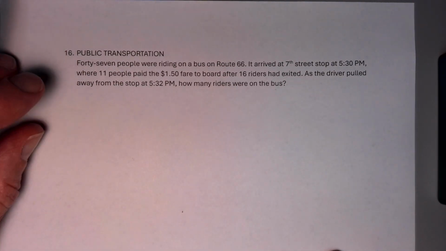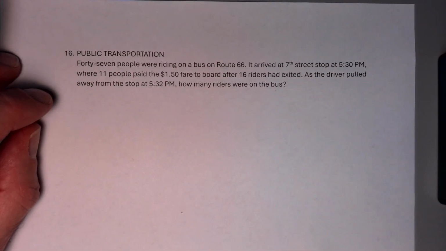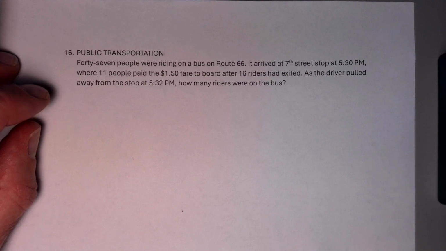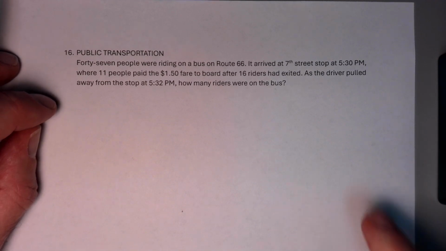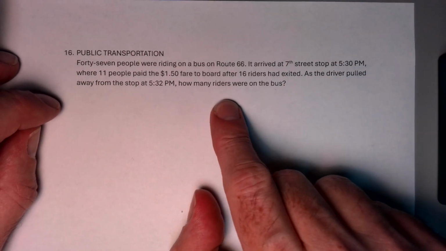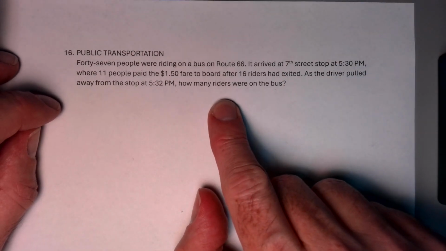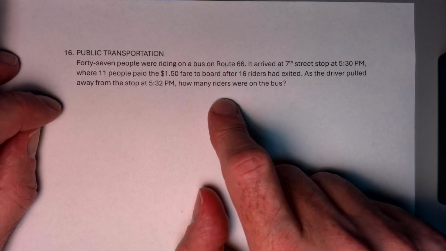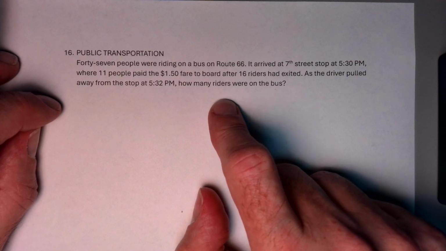Okay, interesting example, because a lot of the problems we encounter in real life will have extraneous information. Okay? These times actually don't really matter to the question we're trying to answer. We're trying to answer how many riders were on the bus when it leaves the stop on 7th Street.